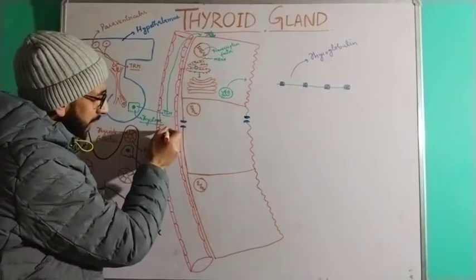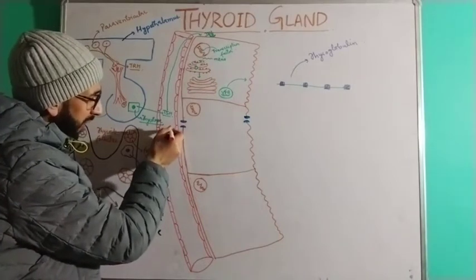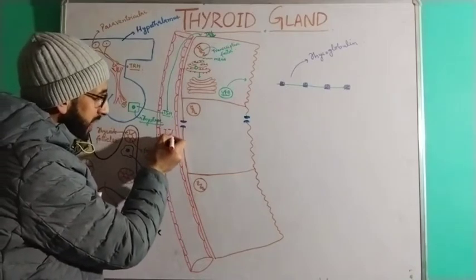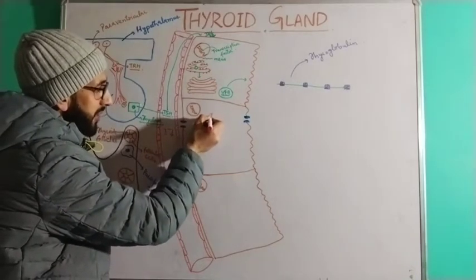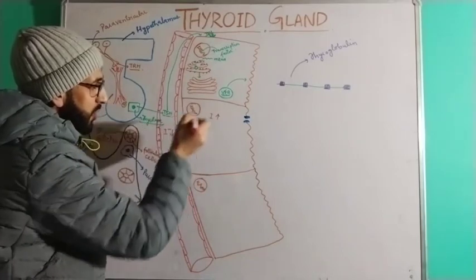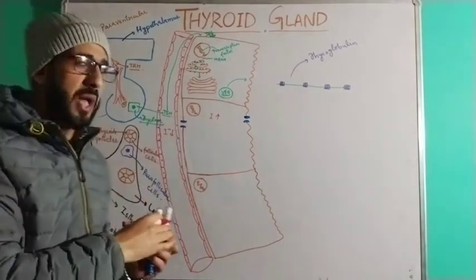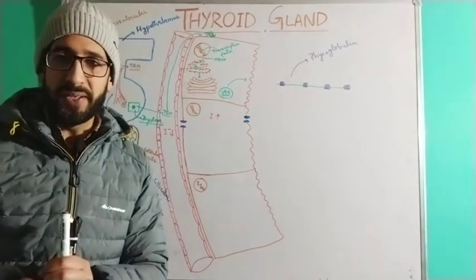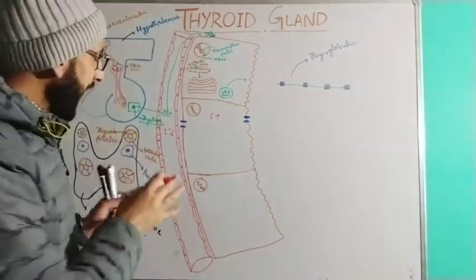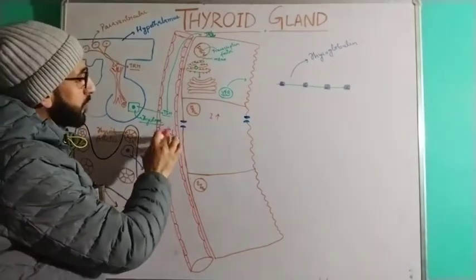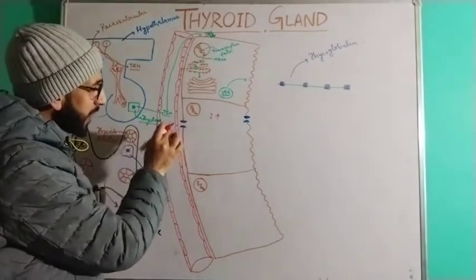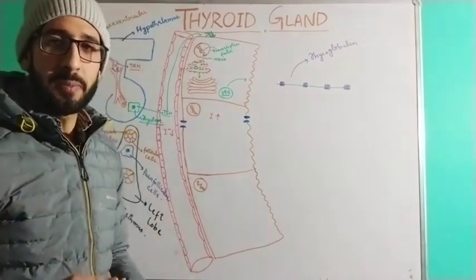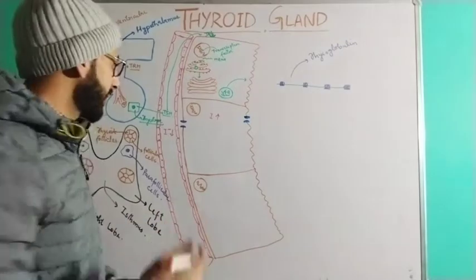Okay, but the iodide concentration is lower outside the cell, and the iodide concentration inside the cell is higher. So we need to do the transport of iodide against the concentration gradient. Fine. So this iodide is taken inside the cell, but it is taken along with sodium. I hope you remember, that is called secondary active transport.